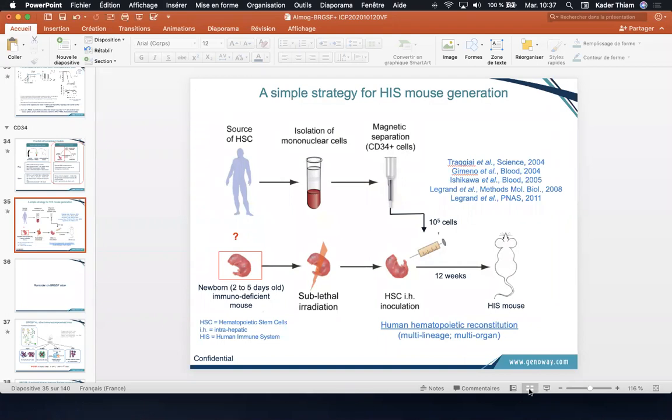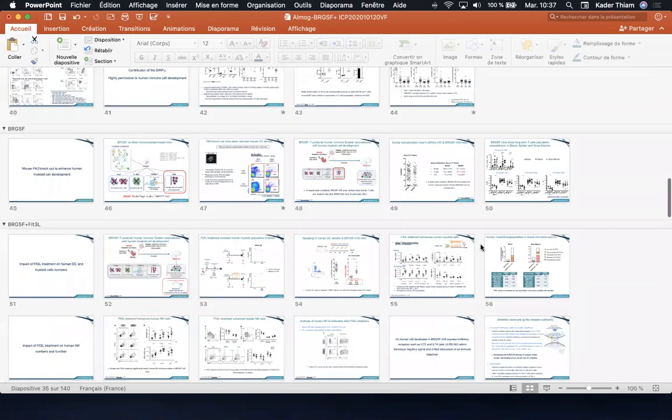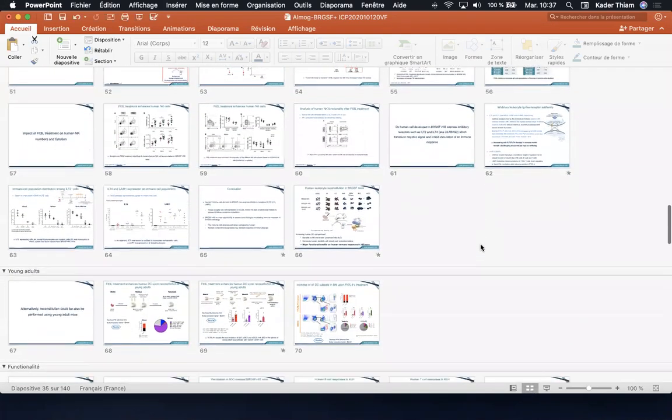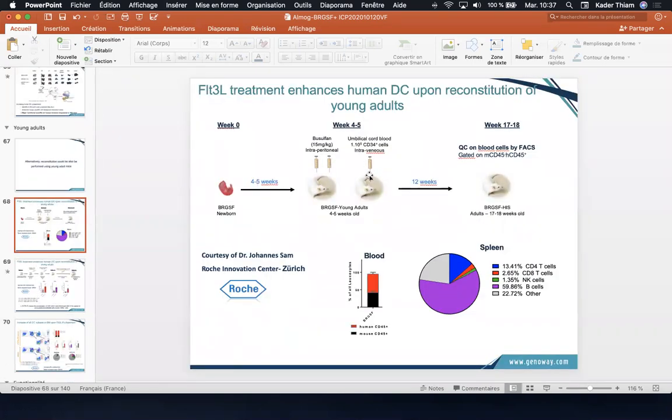Or you may decide to go with what Roche did when they used this model. You take a young animal and inject it with busulfan at 15 milligrams per kg, and you do your reconstitution.